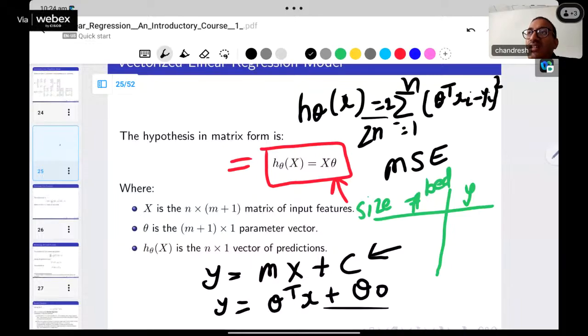So you can compare your linear regression equation, this equation of a line, to this one in a higher dimensional space, right? In the 2D xy plane, we write the equation of a line as y equals mx plus c.